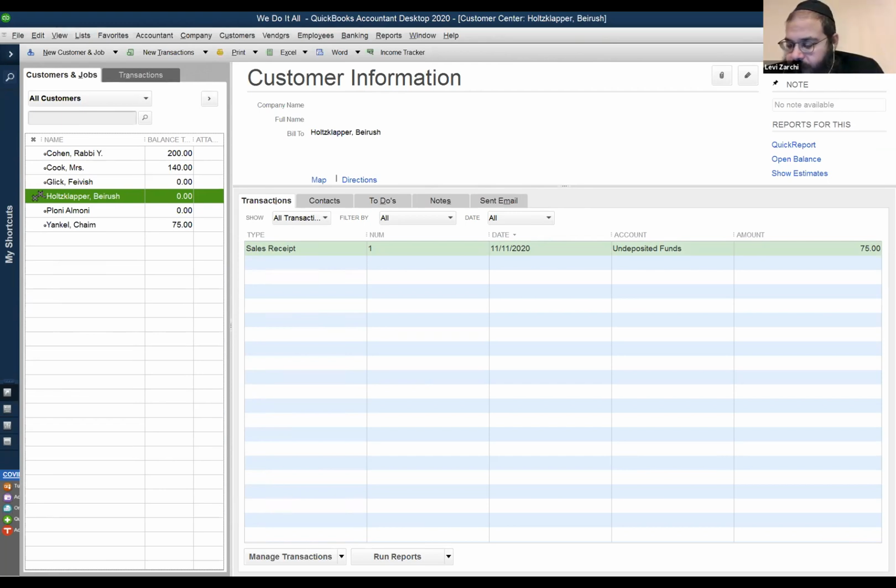Look at my screen. Do you see my screen? Let me minimize. I'm on Zoom. Customer information. By me, it says customers and jobs, all customers. How do I get the customer information?